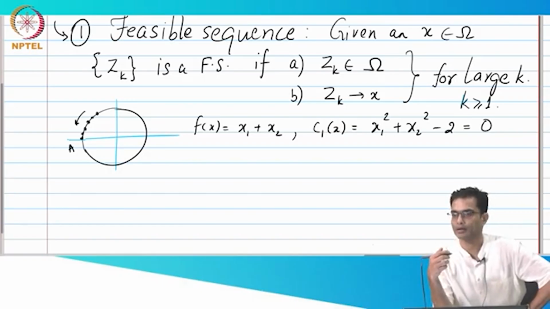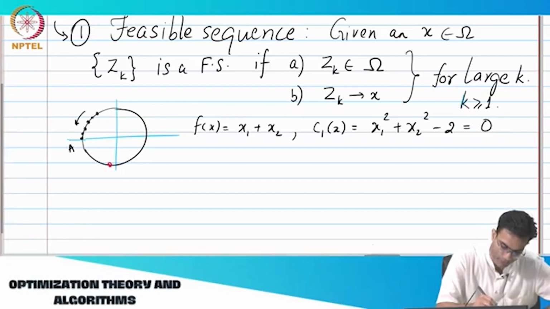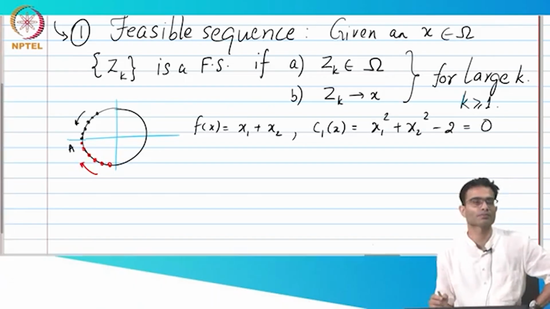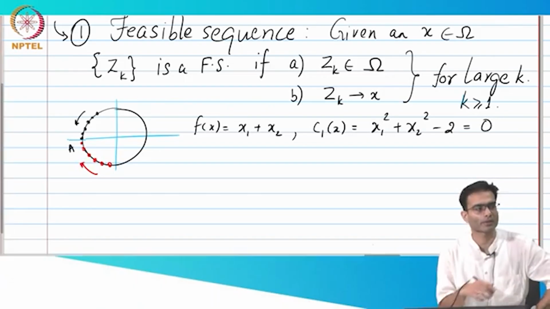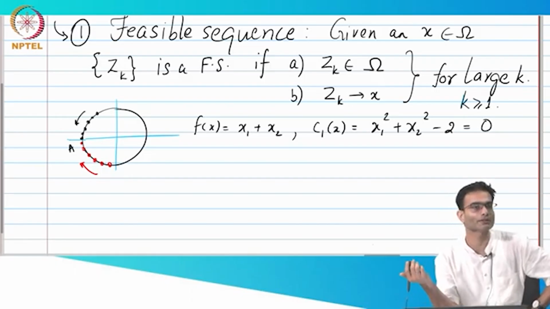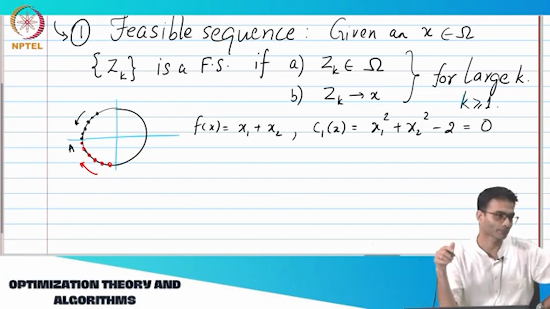Another sequence could start from somewhere here, and as I increase k, this could be another feasible sequence. There are in fact infinitely many possible sequences that live on omega and approach my point A.